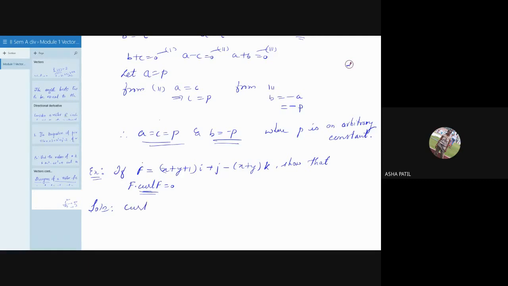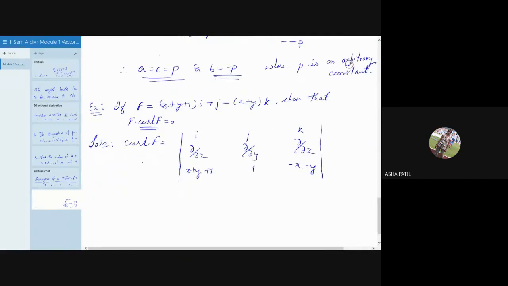Curl f, I'll write the determinant: i, j, k, dou by dou x, dou by dou y, dou by dou z, then x plus y plus 1, then j component is 1, k component is minus of x plus y, I'll write it as minus x minus y. Expand the determinant. i into dou by dou y of minus x minus y. There is no y in the first term.